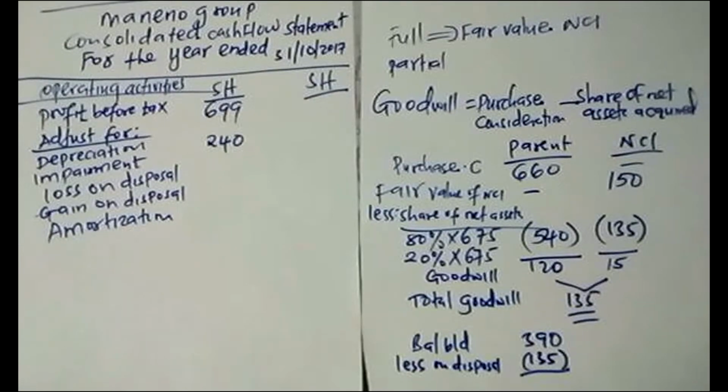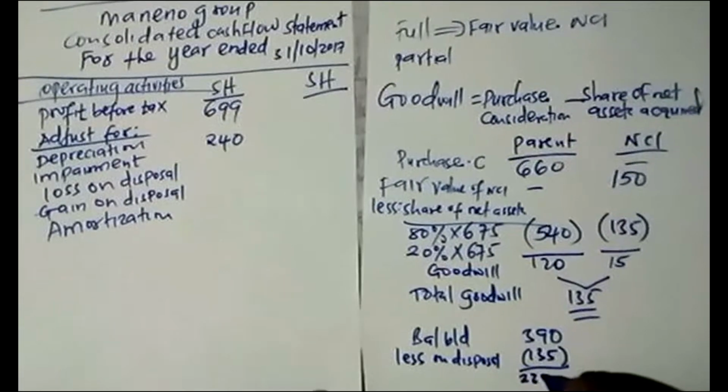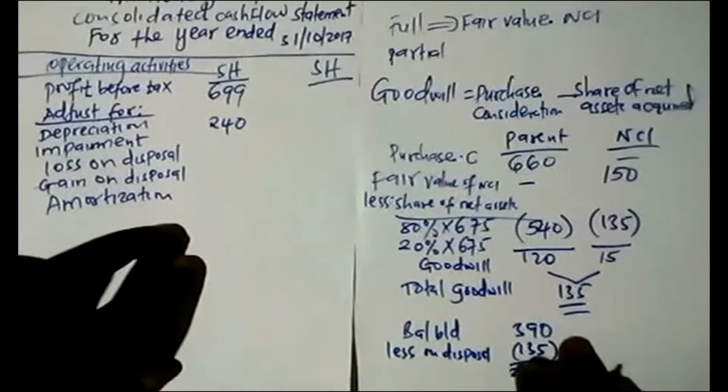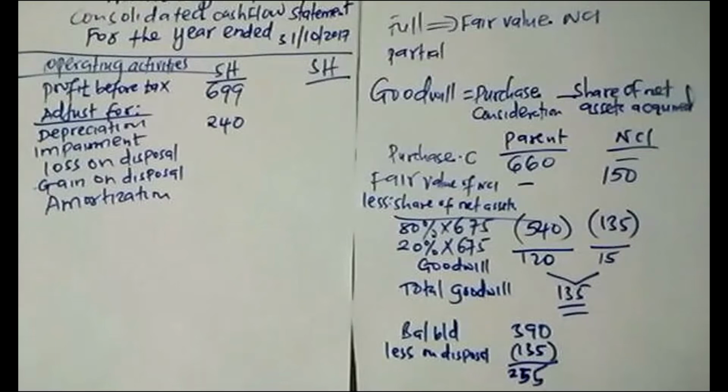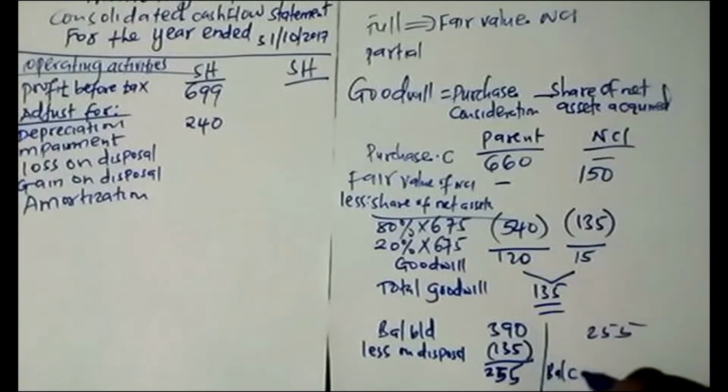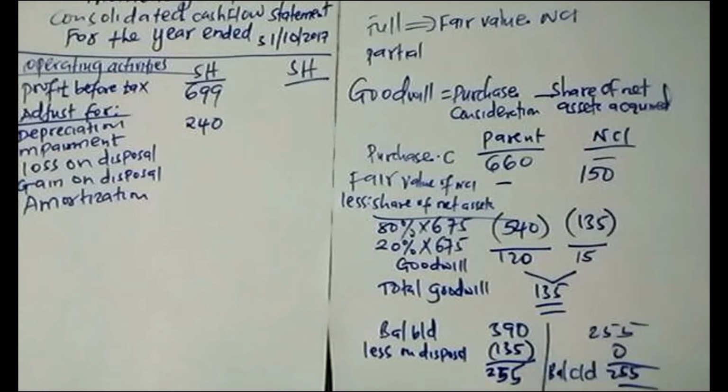So 390 minus 135 gives me 255. And our balance carried down, remember, was 255. So there is no impairment.